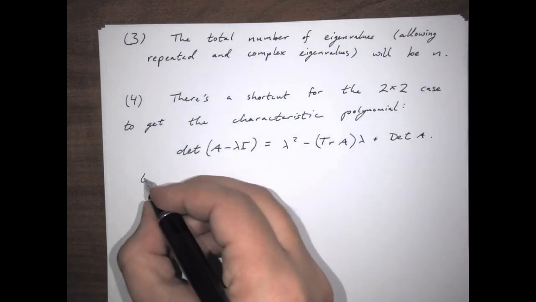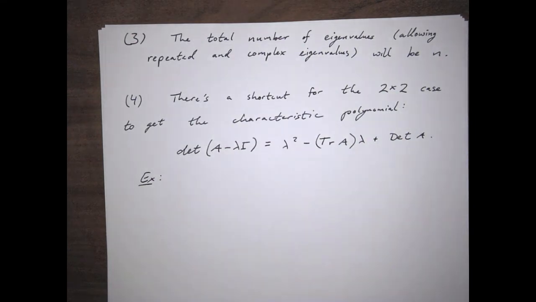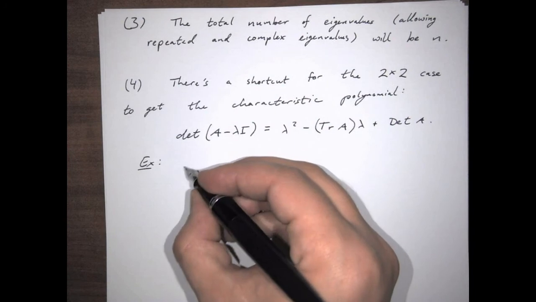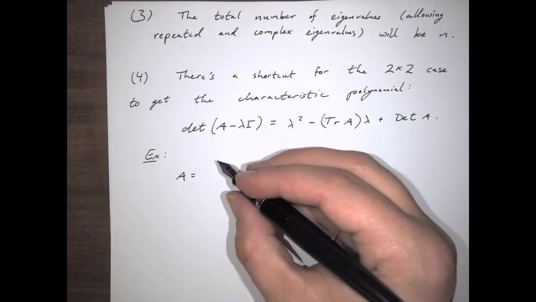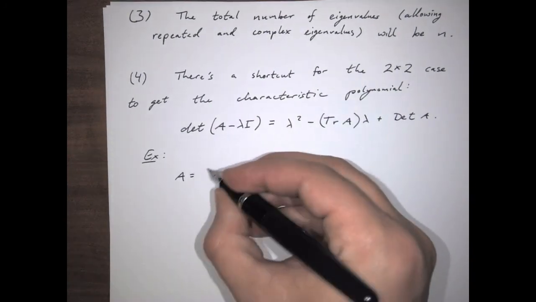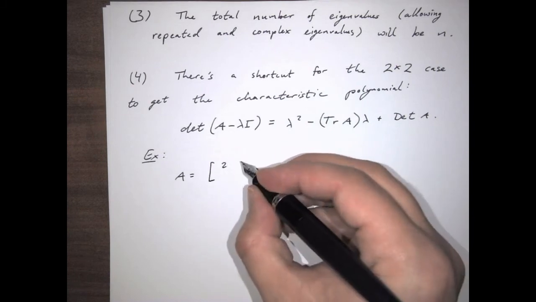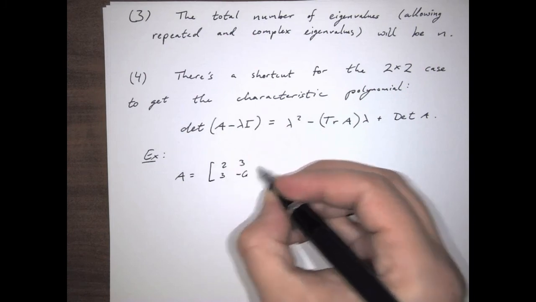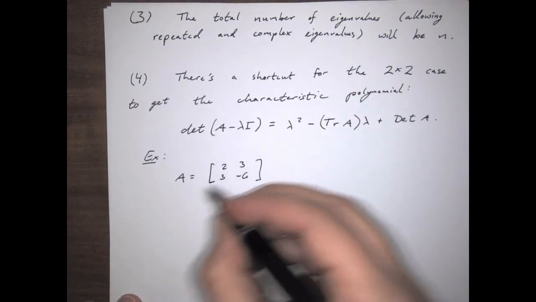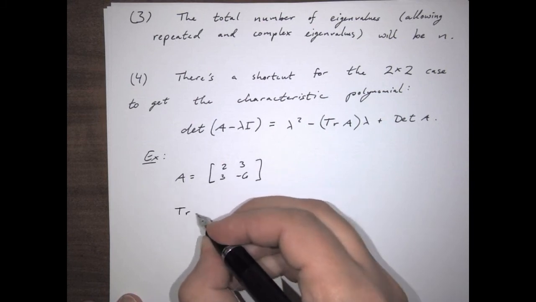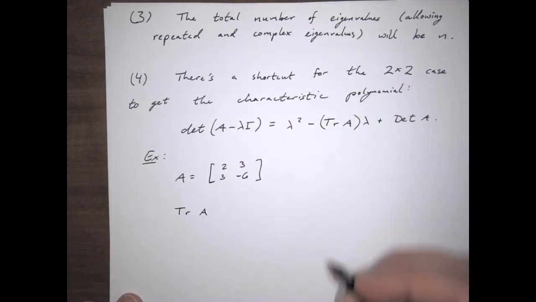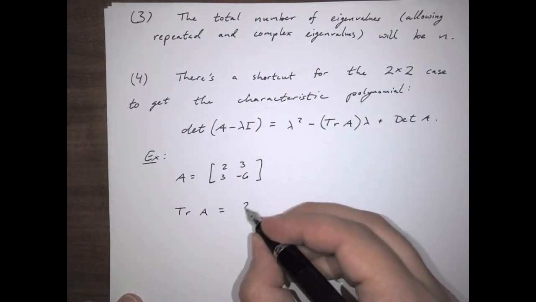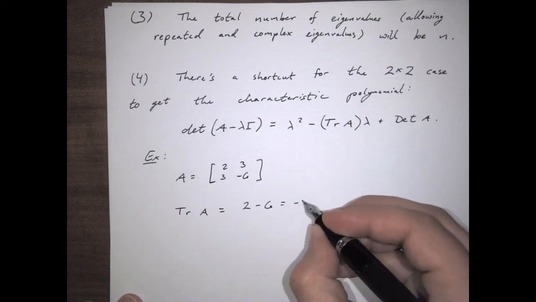So for example, let's say A equals 2, 3, 3, negative 6. Then the trace of A is the sum of the entries along the main diagonal, so 2 minus 6 is negative 4.